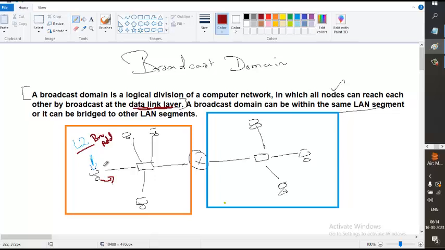When a layer 2 broadcast packet is sent, if these PCs, this port of the router, these devices can receive the packet, they are all in a single broadcast domain.